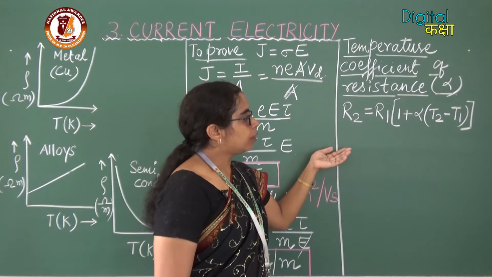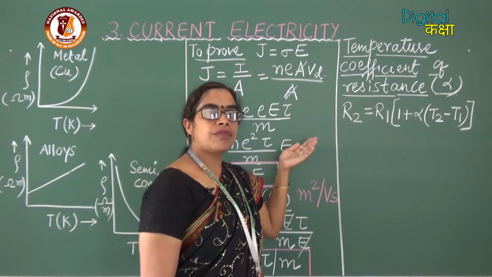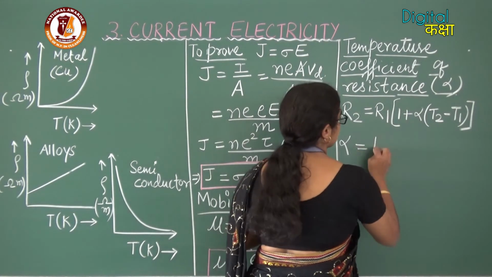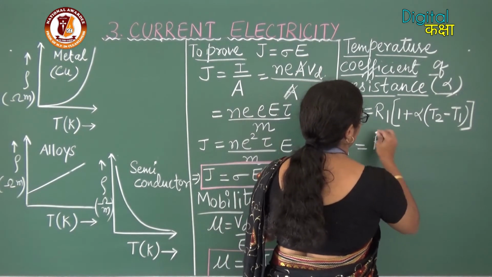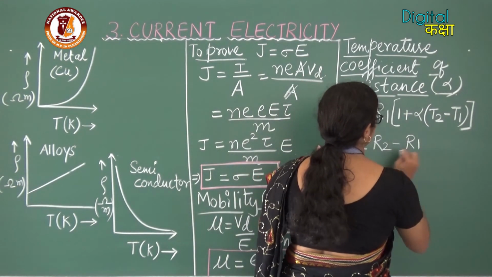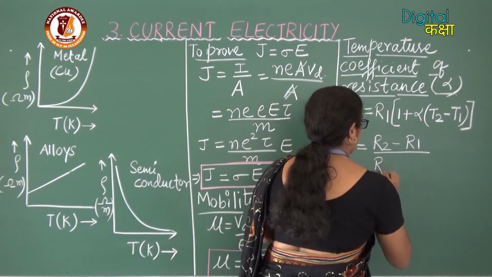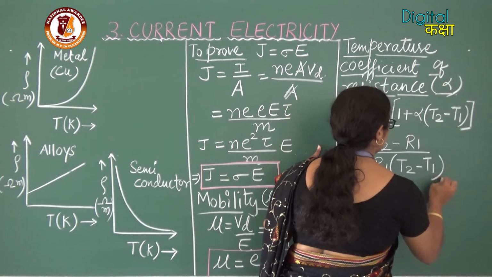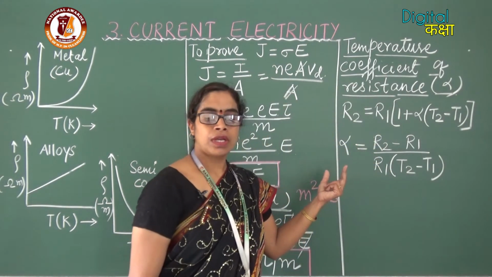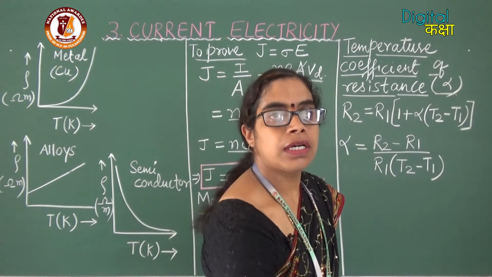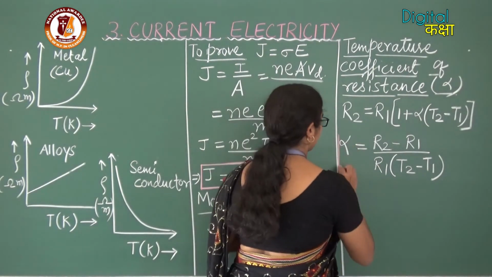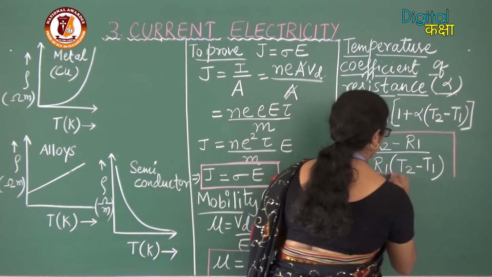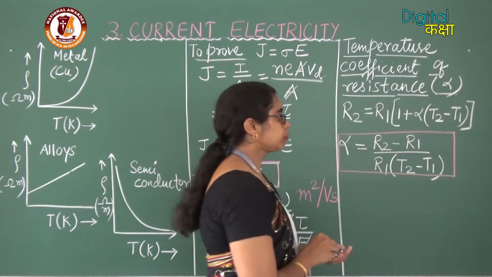From here, when I solve this, the value of alpha can be obtained as R2 minus R1 upon R1 within bracket T2 minus T1. Hence, this is the required formula for the temperature coefficient of resistance.